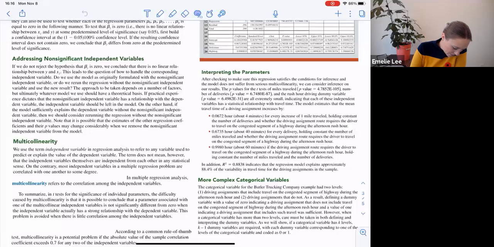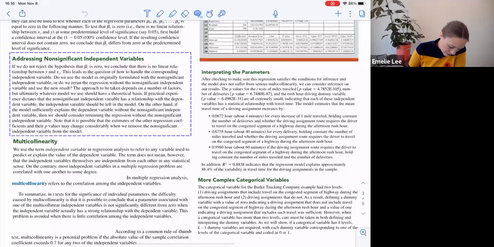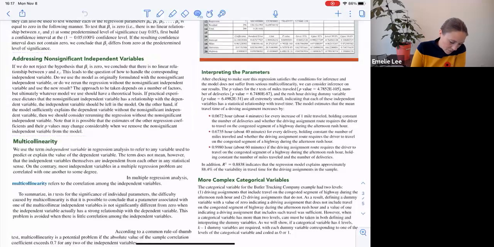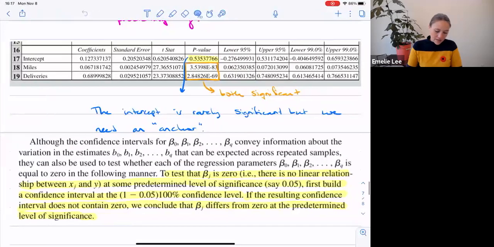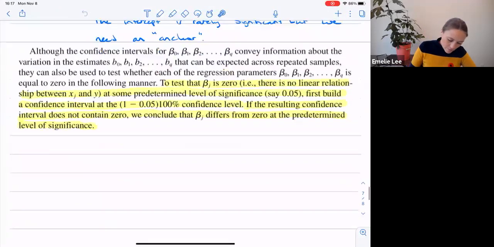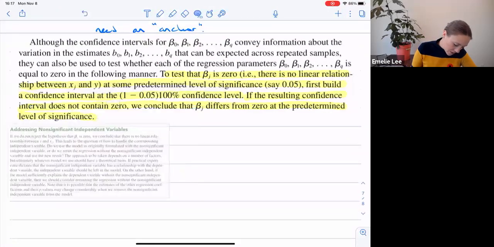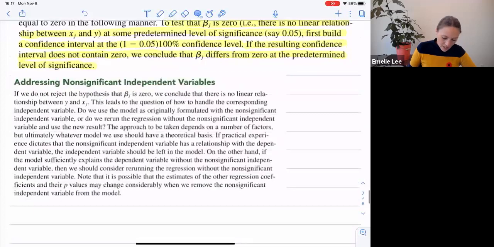What if I have non-significant independent variables? So what if I'm looking at this output, and what if the intercept wasn't the only one with a relatively large p-value, right? Then what do you do? There are a couple of scenarios, and just as we started talking about today, you have to use your judgment, and often you'll have to rely on prior knowledge about the data that you're looking at.